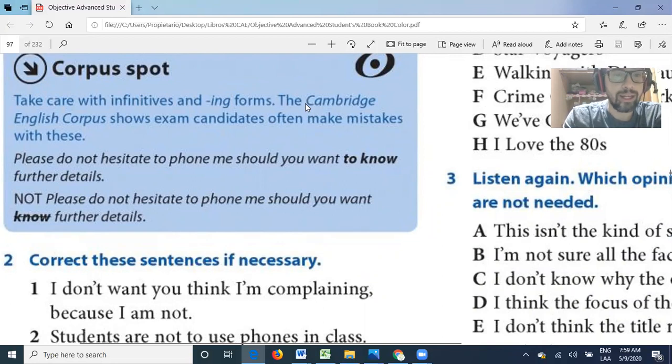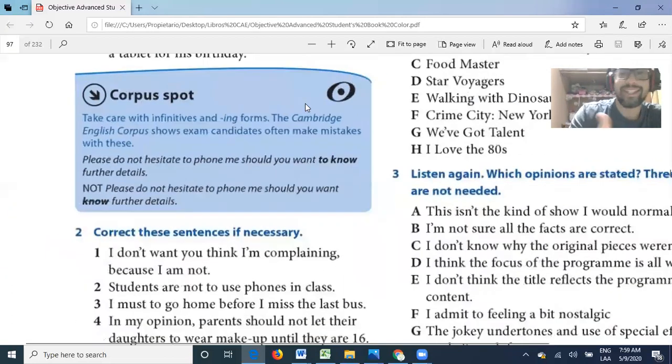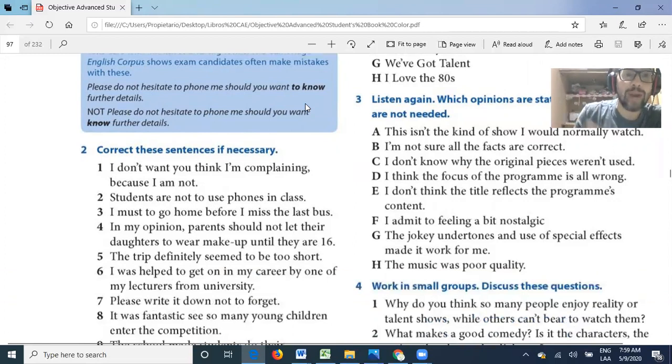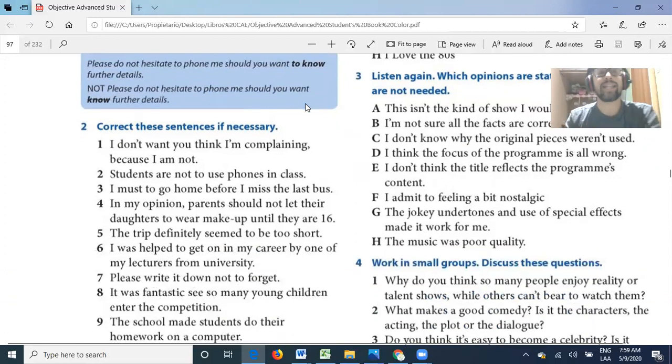Well, please do not hesitate to phone me should you want further details. Okay, so that is some information on mistakes that some students make. So please read that information, and then part two is correct these sentences if necessary.